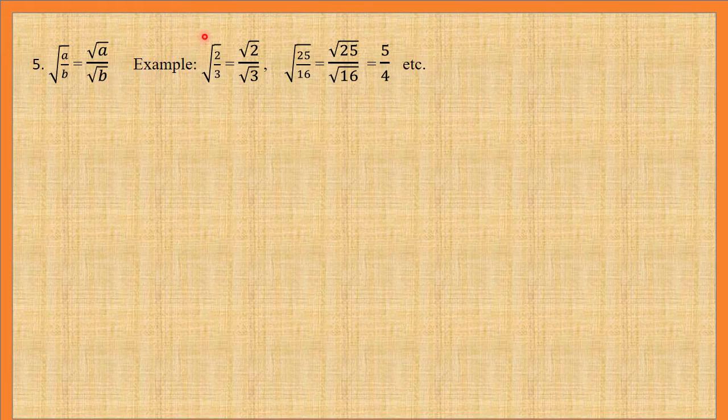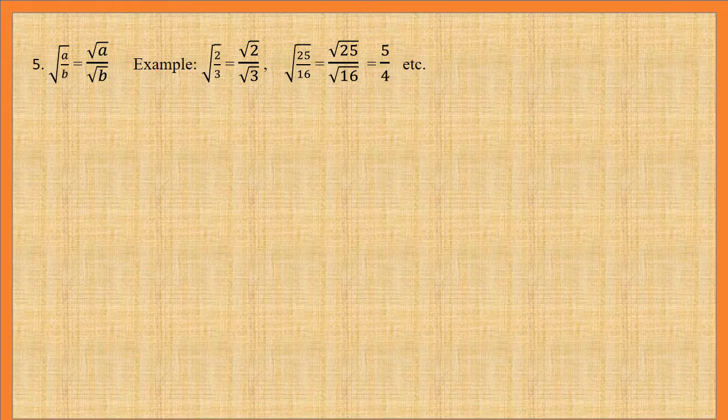For example, we have square root of 2 over 3. It's the same as square root of 2 over square root of 3. Or, when we have square root of 25 over 16, it's the same as square root of 25 over square root of 16. And we can simplify this one as 5 over 4, since square root of 25 is 5 and square root of 16 is 4.